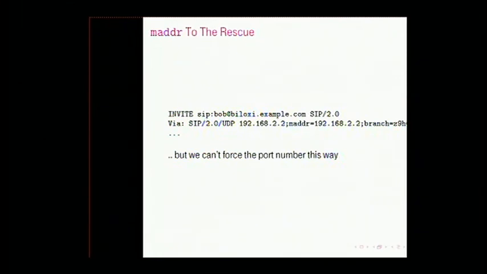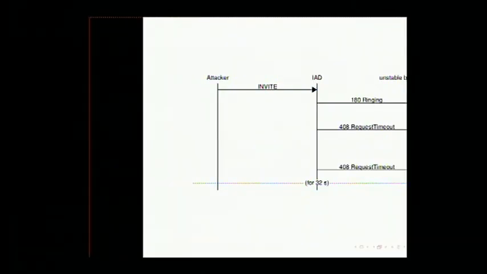And the maddr parameter tells the user agent server to forward this request to the IP address mentioned here. You can't put the port number in here, which kind of limits the attack, but you can still send responses to some vulnerable box.